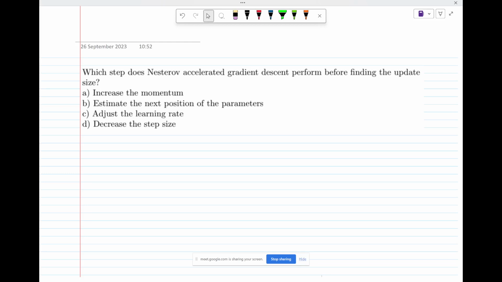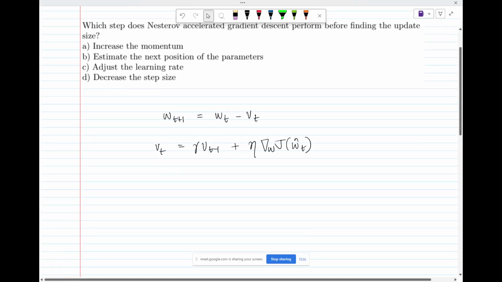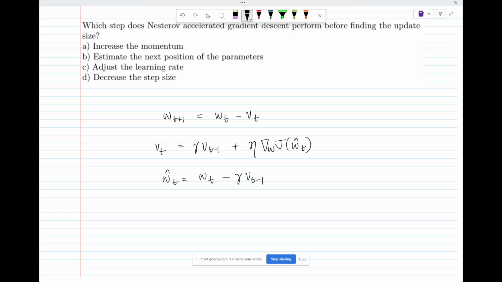So what you have is Wt plus 1 equal to Wt minus Vt, where this Vt is gamma Vt minus 1 plus eta times the gradient, and this W hat t is Wt minus gamma Vt minus 1.